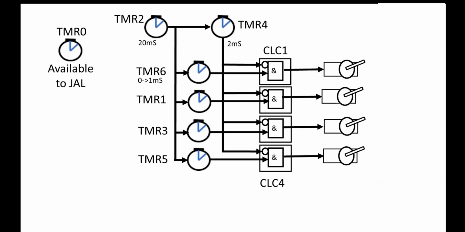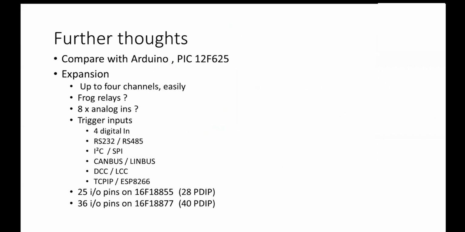JAL uses timer 0, so I haven't interrupted timer 0. Timer 0 is still there for my main JAL code for writing whatever it is I want to do, flashing LEDs or operating signals or whatever. But I've used the other 6 timers to keep the 4 servos operating automatically, so I don't have to think about the 4 servos.